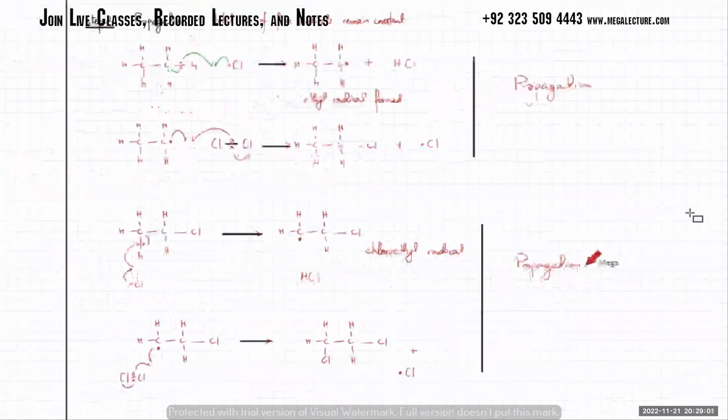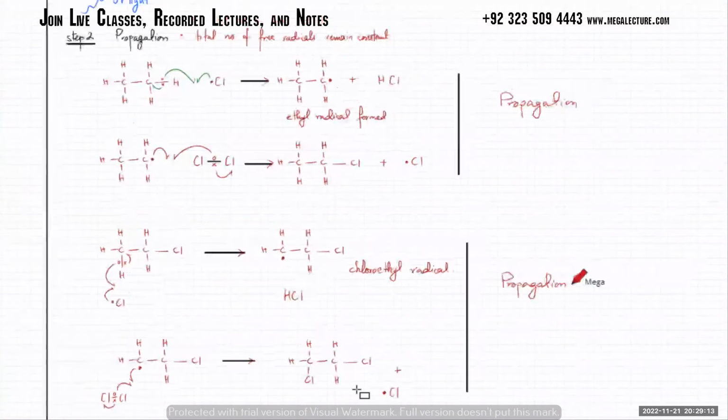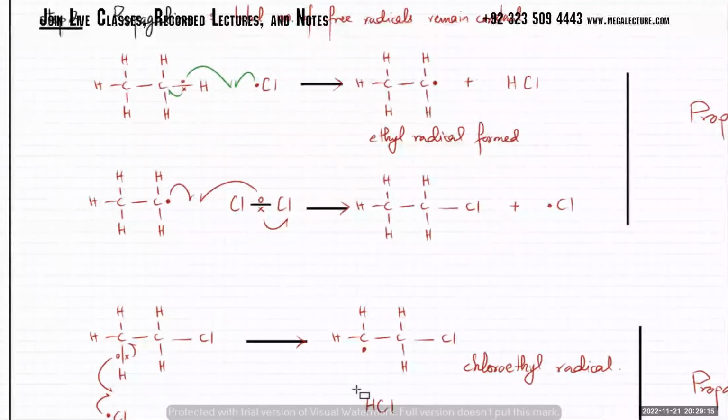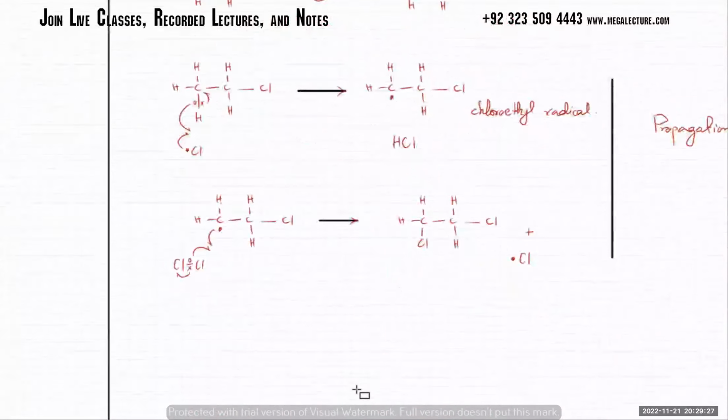And it just continues to repeat until you're out of Cl, or until all the hydrogens eventually get displaced by Cl. Okay, is this clear? So you must know how to write this stuff. They're going to ask you about this. Okay, is this 100% clear to everyone? Yes sir.